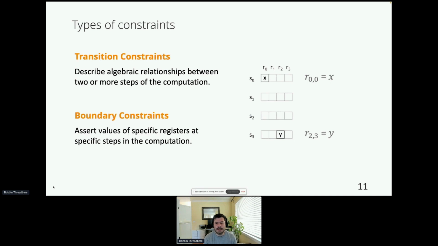But underneath it all, it's still just algebraic expressions of this column in this matrix, or taking a value from this cell in the matrix and multiplying it by the next value from the same row, or a different row, for example, is equal to 0, something like that. So they're just algebraic expressions that need to evaluate to 0 for all valid transitions and to non-zero for something that is not valid.